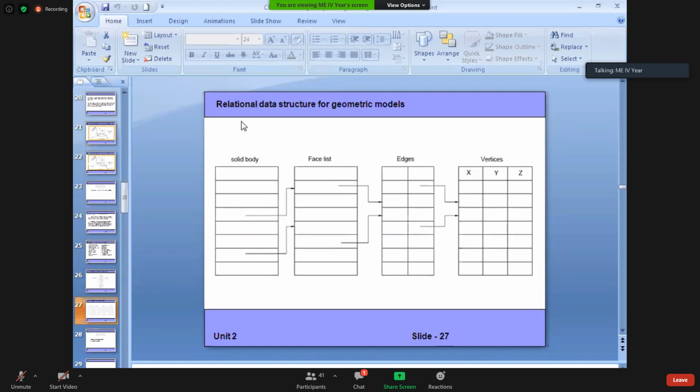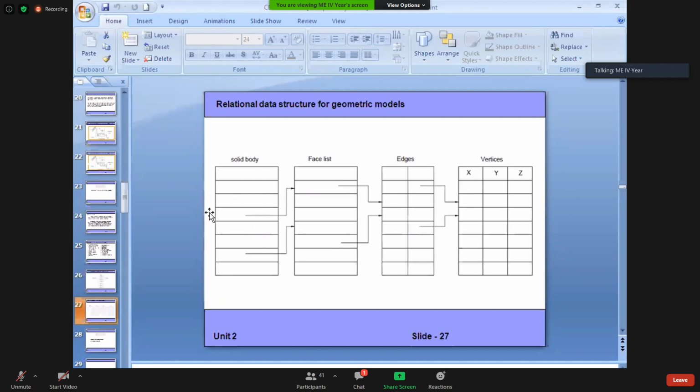And the relational data structure for geometric models: solid body data, faces, edges and vertices. Inside there is very good mathematics that went into developing such a model. So if you simply draw something, you should not consider it very simple.